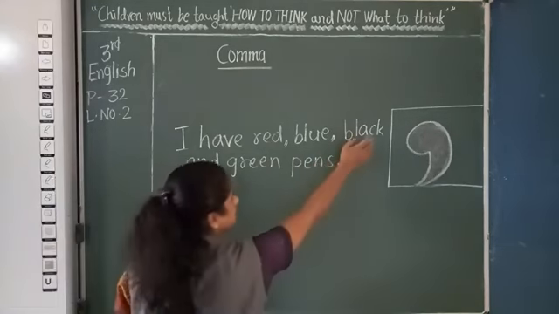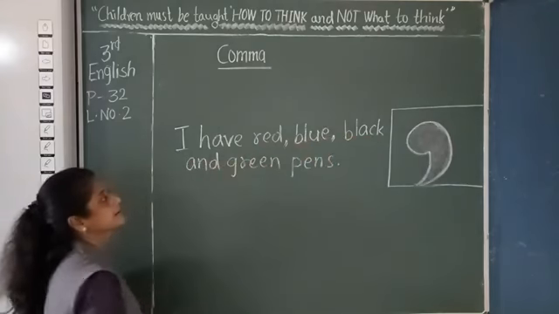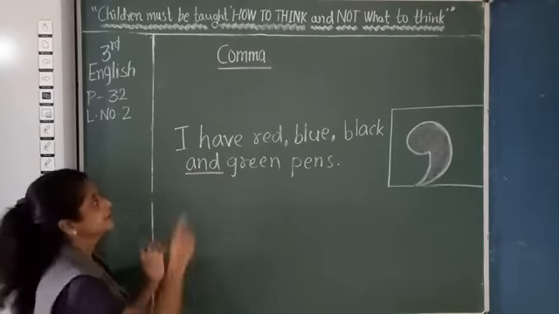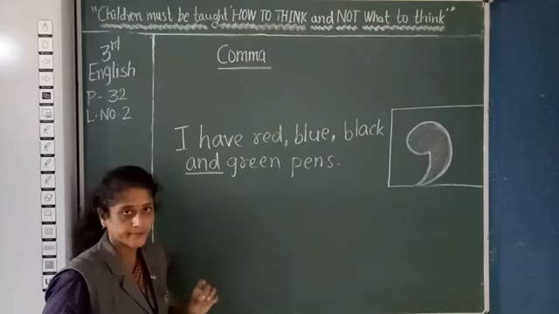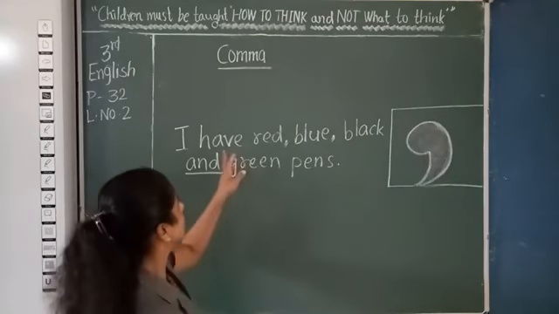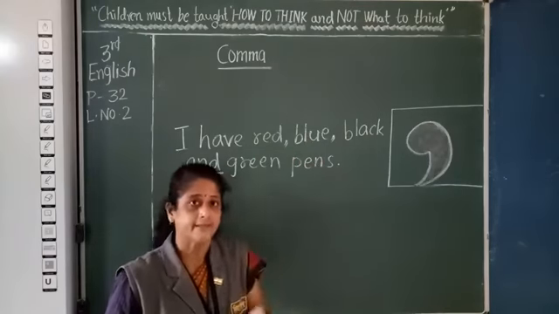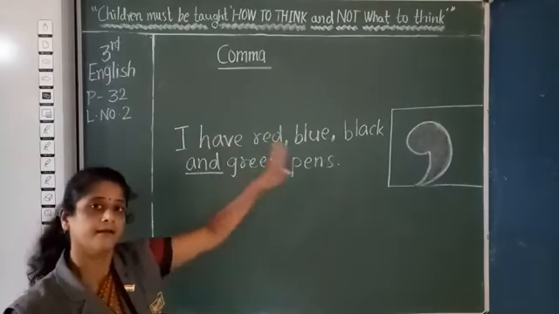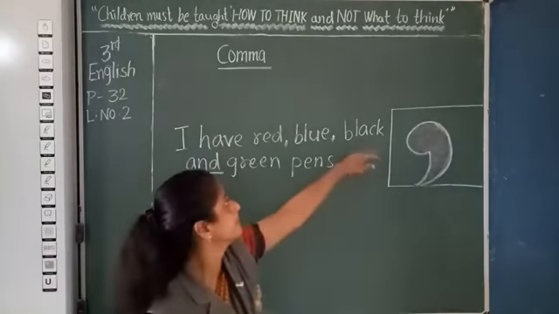Did you see? The second last word and the last word are joined with and. So we have not used a comma after black. That is why commas are given between each item, except the second last and the last word. If it is connected with and, you don't give a comma.